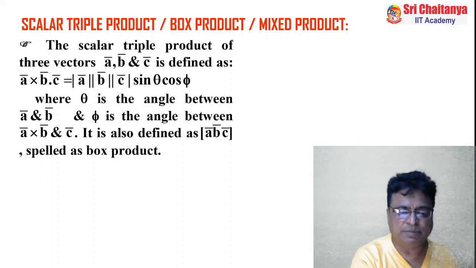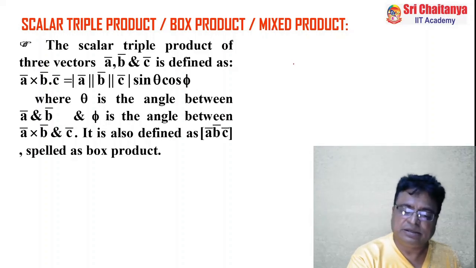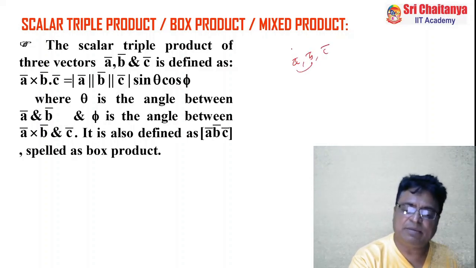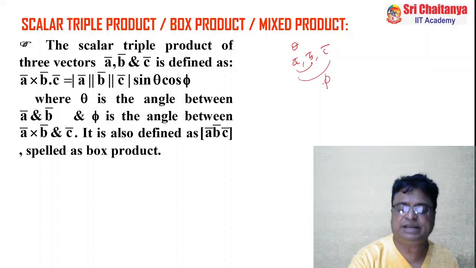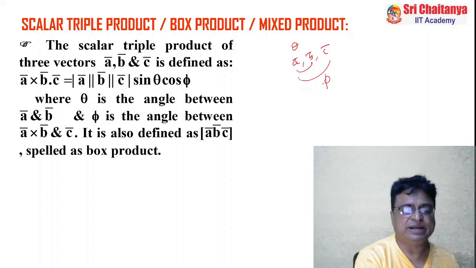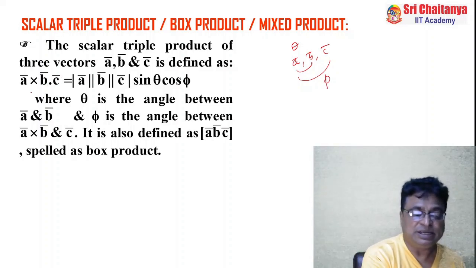Suppose A bar, B bar, C bar are any 3 vectors, and if the angle between A bar and B bar is theta, and the angle between A bar cross B bar and C bar is phi, then (A bar cross B bar) dot C bar is equal to, please read it like that: (A bar cross B bar) dot C bar.